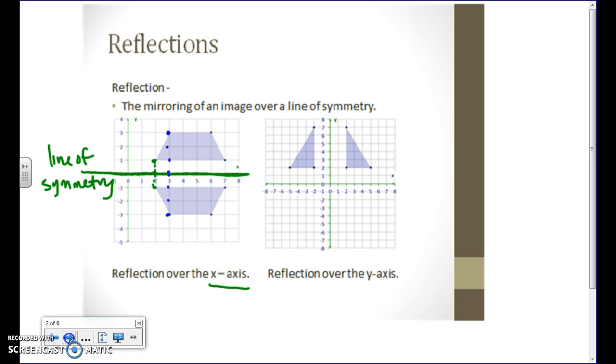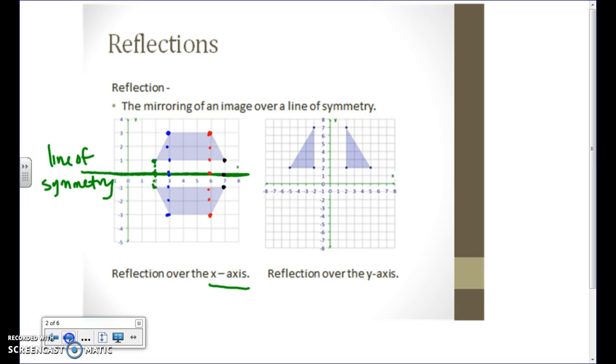As you can see for this as well, 1, 2, 3 away, 1, 2, 3 away. These points are reflected. And finally, this point is exactly 1 away, and this point is exactly 1 away. So when it's reflected over the x-axis, it just means it's the same distance from that line of symmetry. In this case, the line of symmetry would be the x-axis.